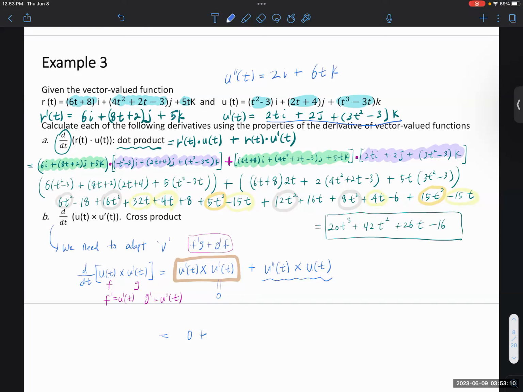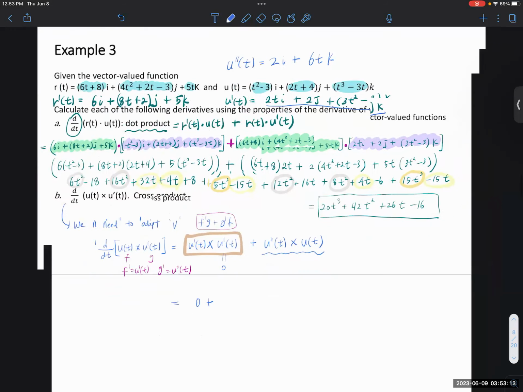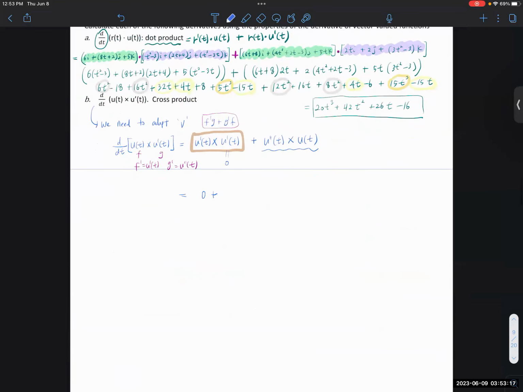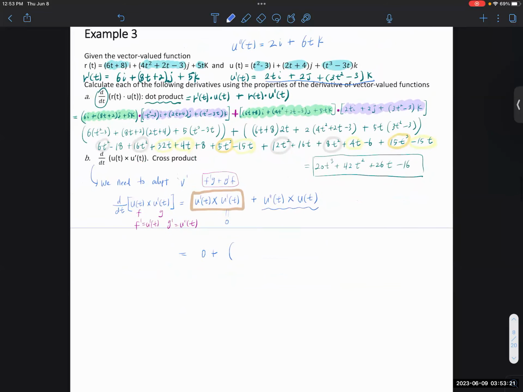We have a u prime, we have a u double prime. So u double prime, oopsie, right there. So u double prime, we got 2i plus 6tk times u, which is t to the second minus 3.